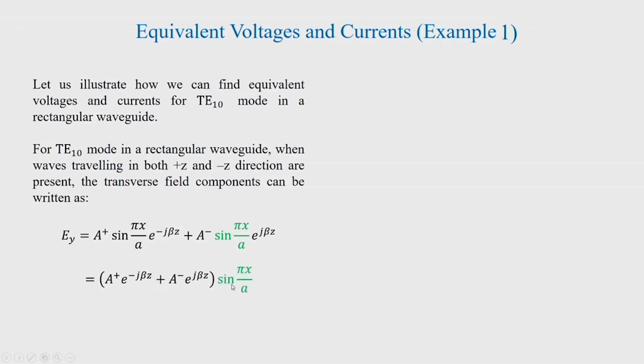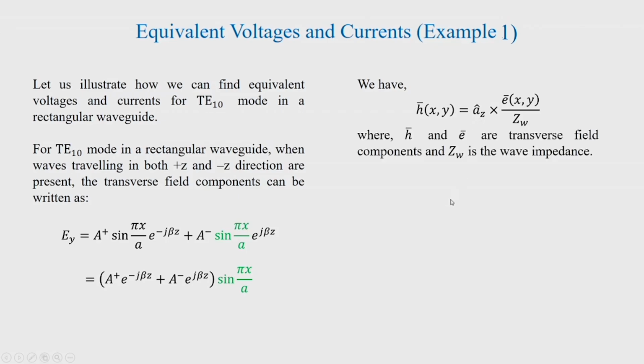So, we can put it in this form, and we know that the transverse magnetic and electric field components are related by this equation: H transverse is az cross E transverse by Zw, where Zw is the waveguide impedance, and this relation holds when the wave is propagating along z.